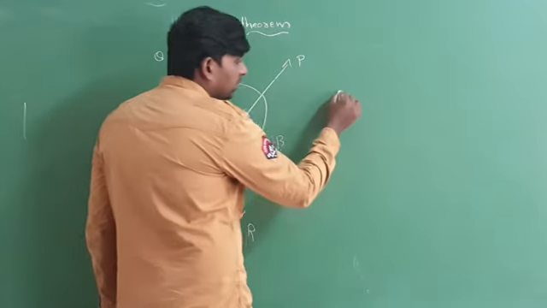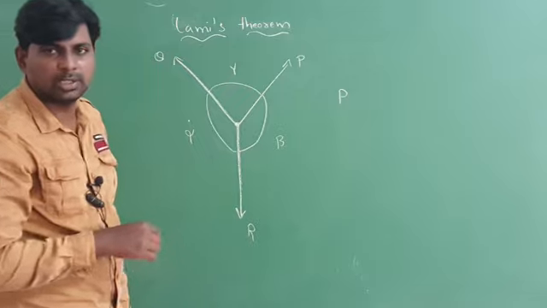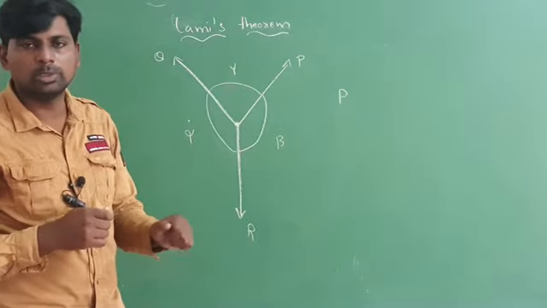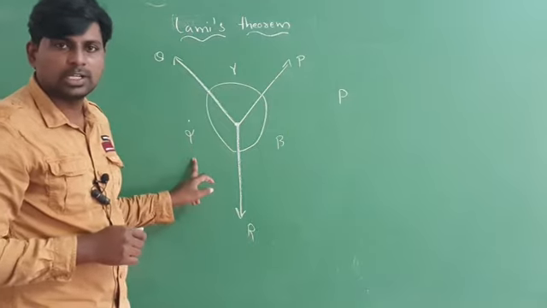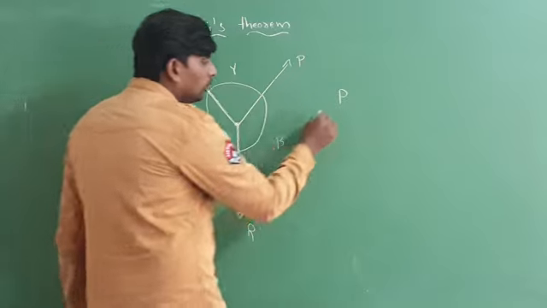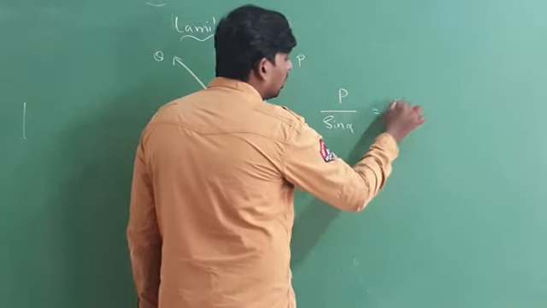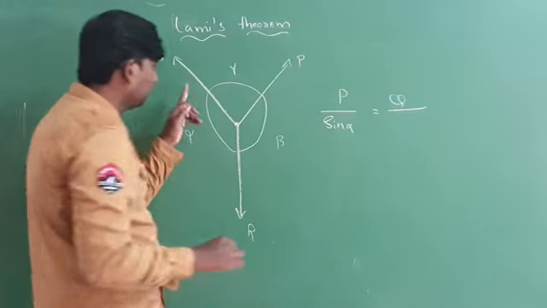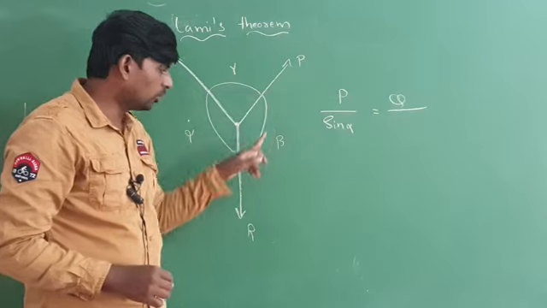Let's take an example. If I consider P, forget about P, how many forces are remaining? Q and R. What is the angle between them? Alpha. So with the respective sine you have to write that. So P by sine alpha is equal to, if I consider Q, what is the angle between the other two forces?